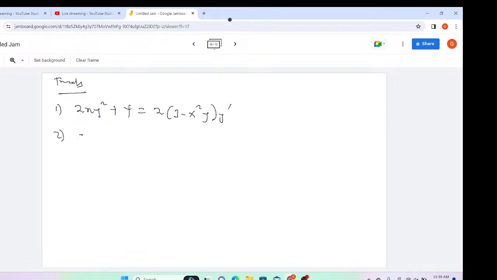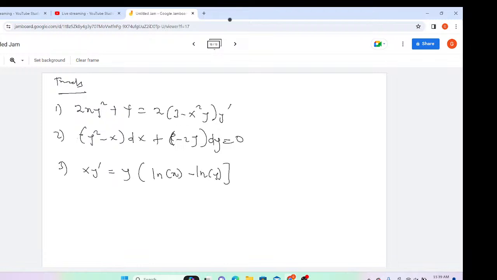The second equation: y squared minus x dx plus negative 2y dy equals 0. And our third one is xy prime equals y times the bracket ln x minus ln y. The boundary condition for this problem is y of 1 is equal to 4.